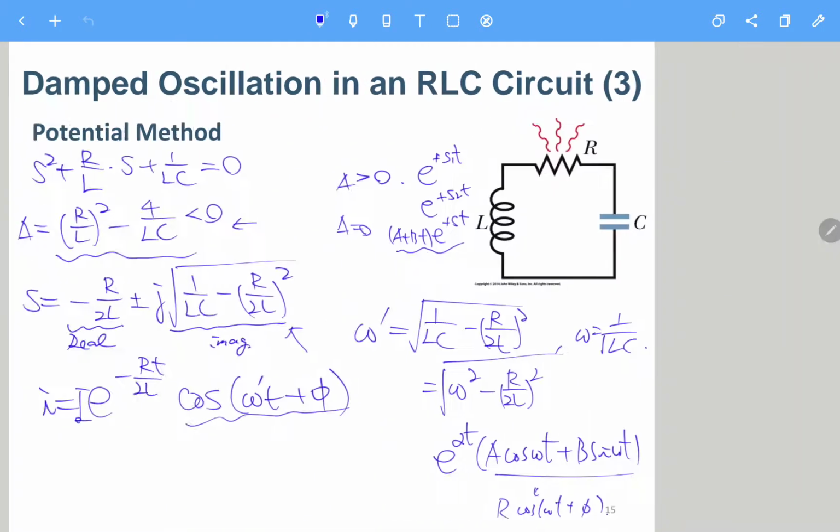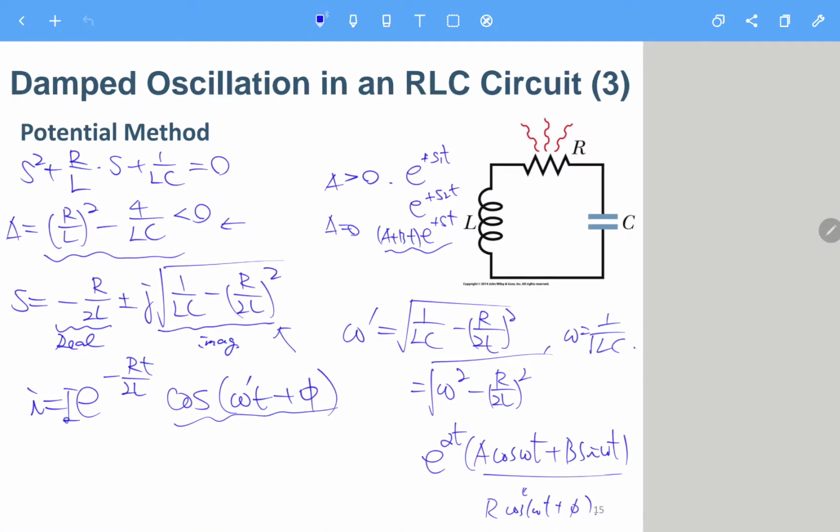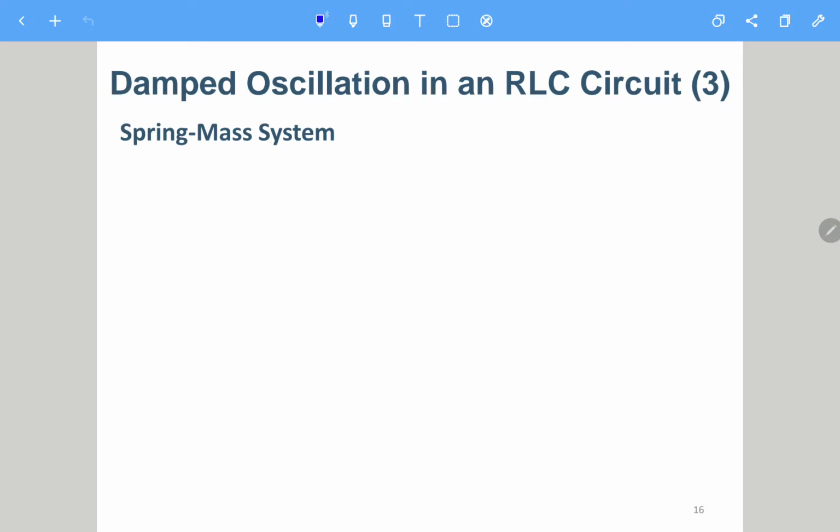Okay, so to see the comparison with the spring mass system, we can also try to derive it, as we have this spring and then the mass.